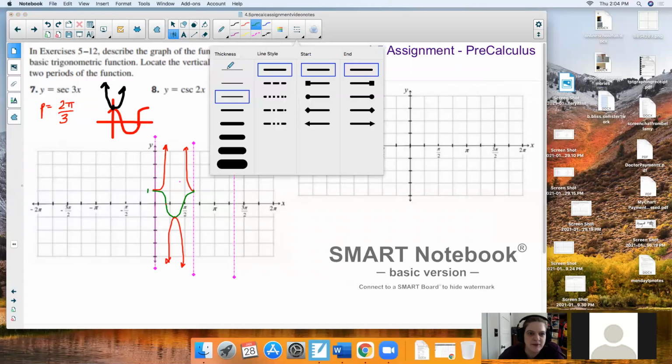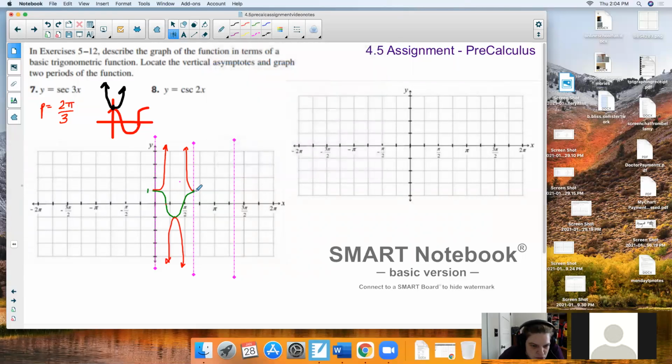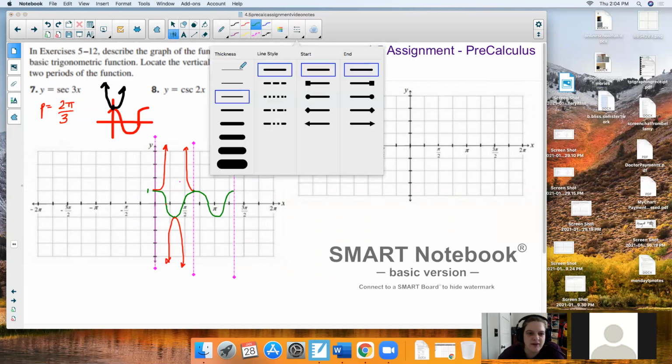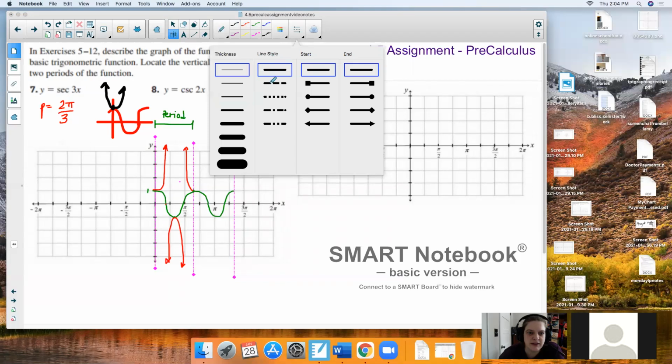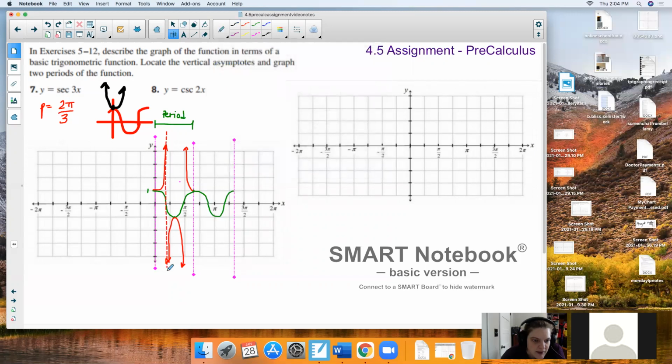So if I take the time to make the rest of cosine, it's going to go back in here, down, and up again. So these were my period lines. Now we'll make this. And so if we want to make our actual asymptote line, that's going to be where cosine is at 0. So that's going to be right here, right here. And oh, I didn't draw the rest of it yet.